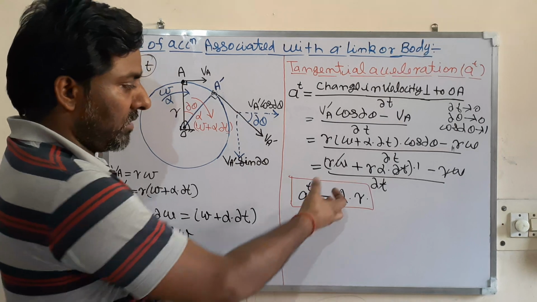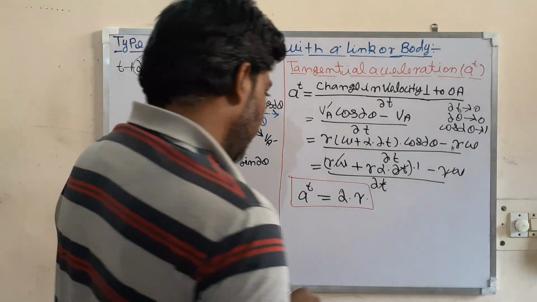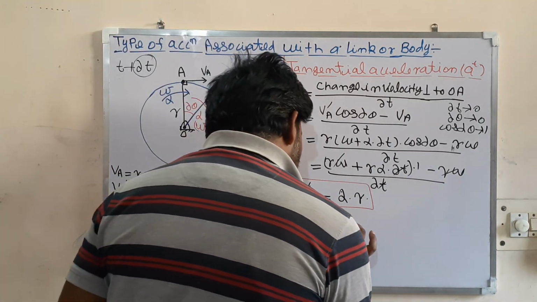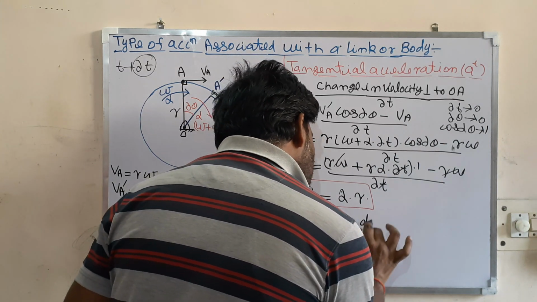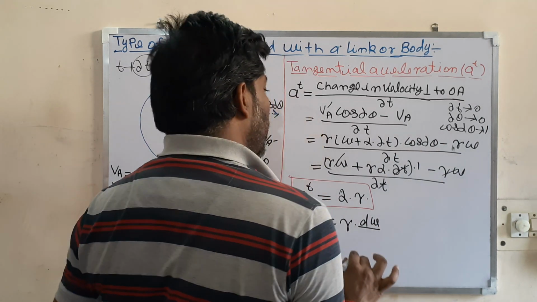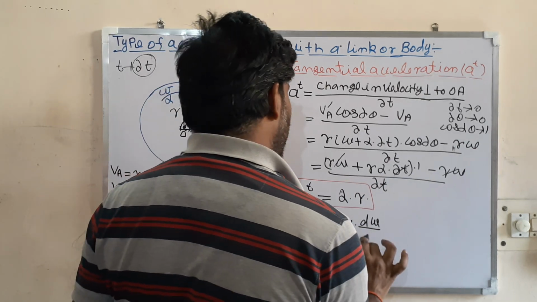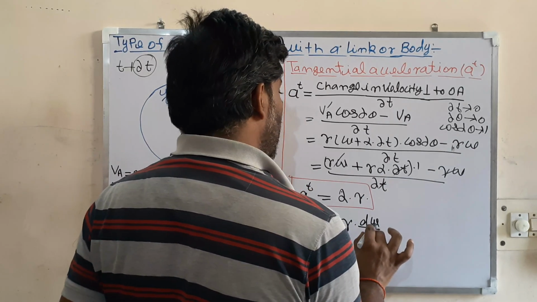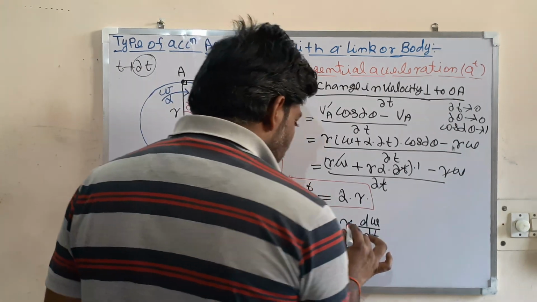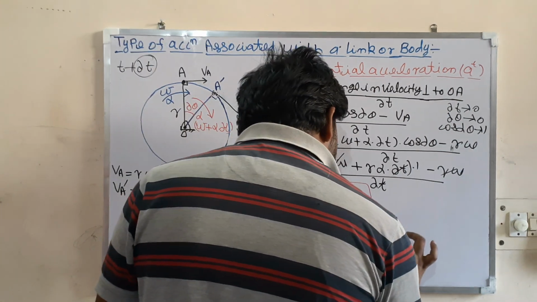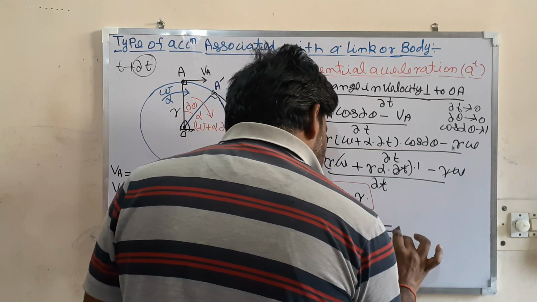Now you see, this is the magnitude. The same thing can be written in another way. This alpha is equal to d omega by dt. This R is constant, so it can be taken inside the differentiation.